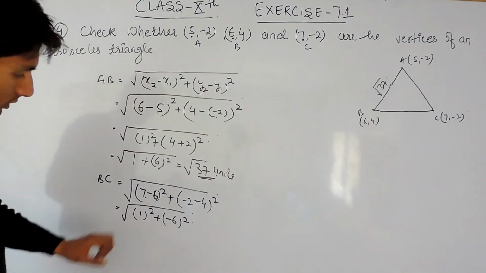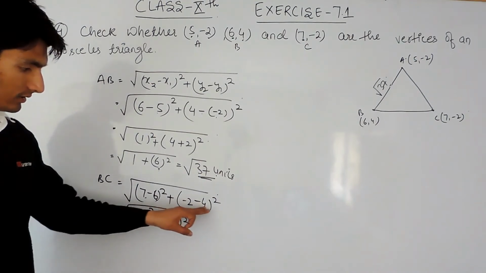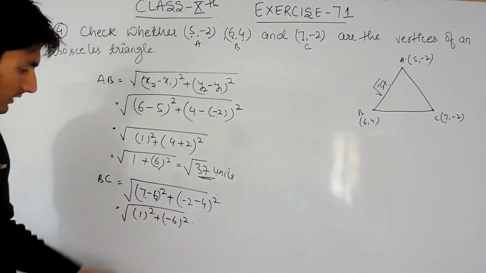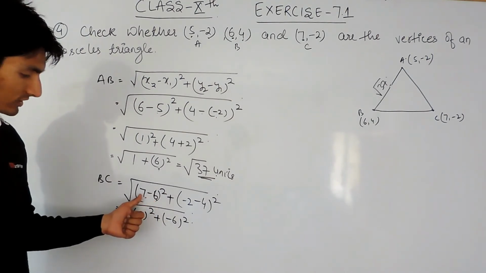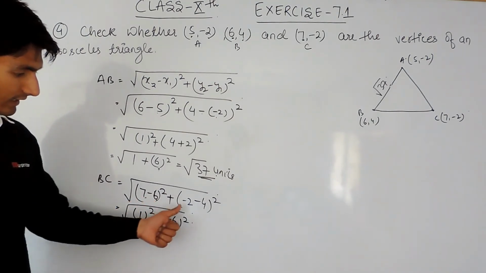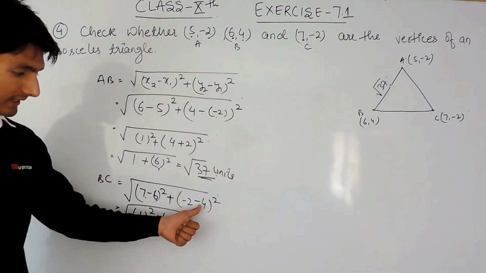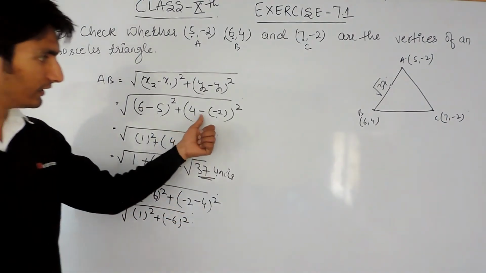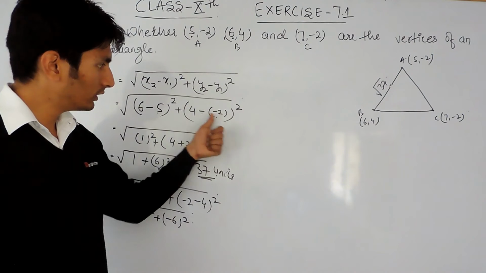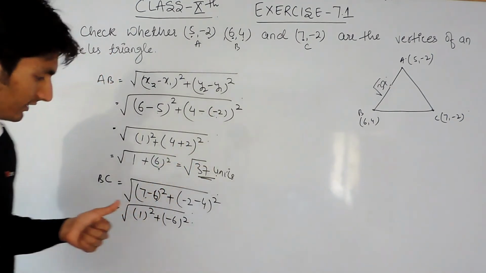Again you have to be very cautious while putting the sign. Here plus minus is minus, and here minus 2 minus 4 gives minus 6, where the greater value has the negative sign. And also negative multiplied by negative will become positive.